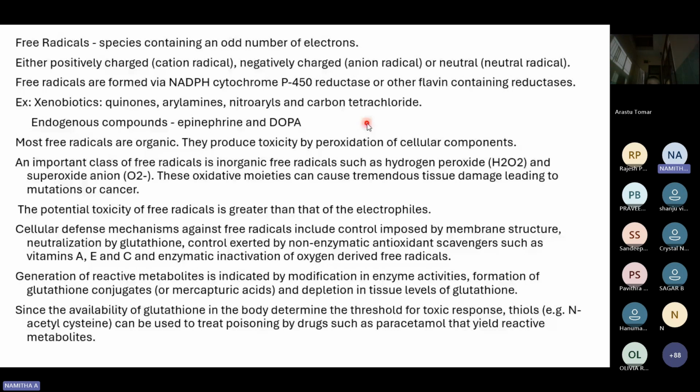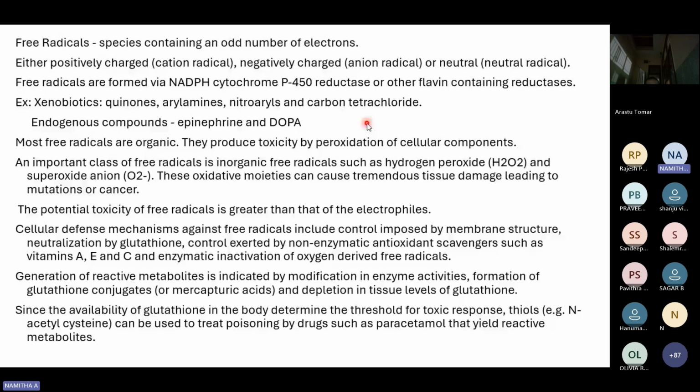An important class of free radicals is inorganic free radicals such as hydrogen peroxide and superoxide anion. These are the oxidative moieties. They can cause tremendous tissue damage leading to mutations of the genes or cancer. The potential toxicity of the free radicals is greater than that of the electrophiles.